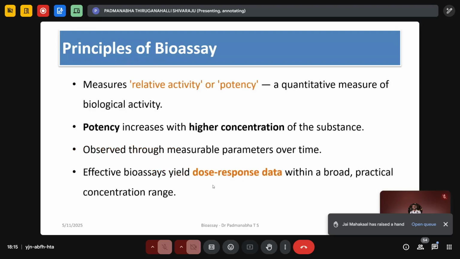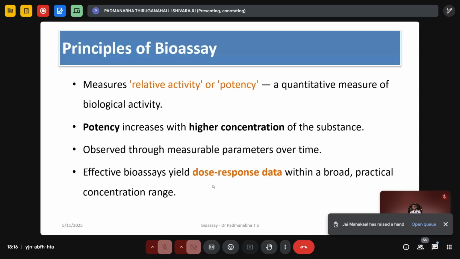So it basically measures the relative activity or potency, a quantitative measure of biological activity. You should also remember that potency increases with higher concentration of the substance. That means if the concentration is high, even at lower doses it will be able to produce the response. An effective bioassay will yield dose response data within a broad and practical concentration range.